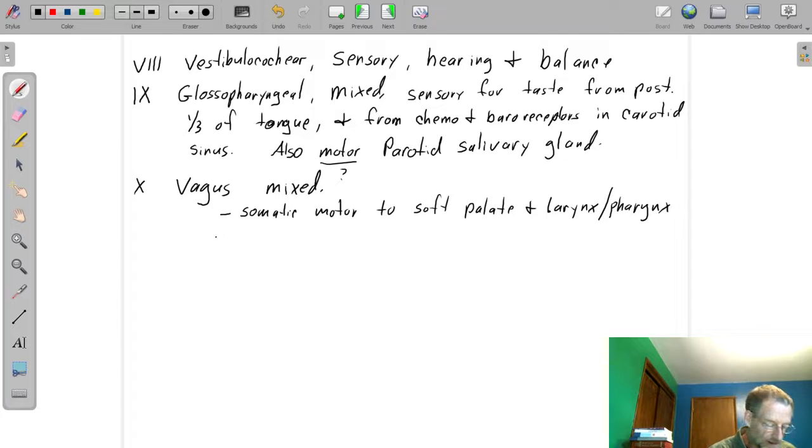And there are parasympathetic. Remember, this is the vagus nerve that we talked about last quarter. It's the wandering nerve. It wanders all over the abdomen and the thorax. It's the vagabond nerve. Parasympathetic. So that's obviously motor. Let's say to heart and internal organs.